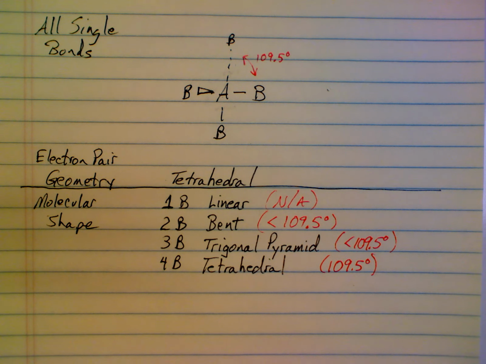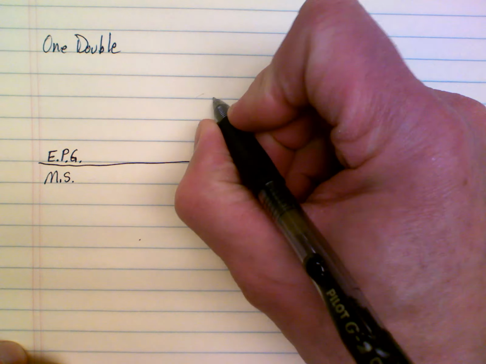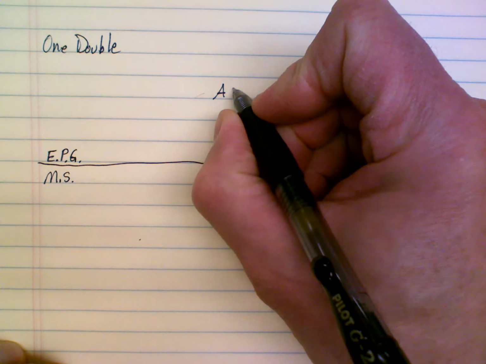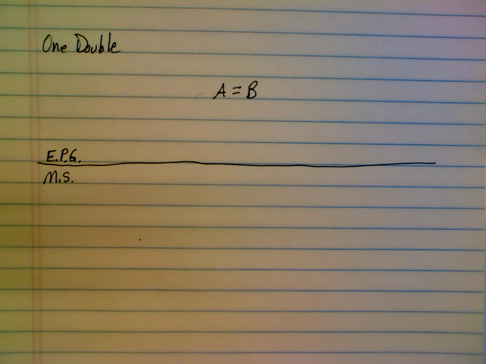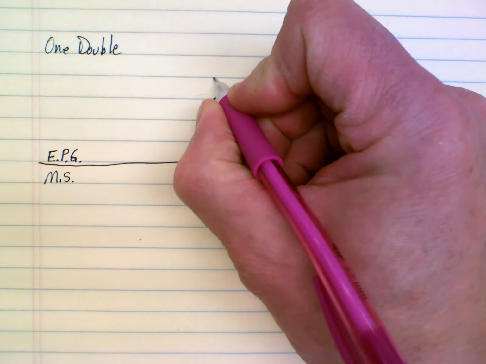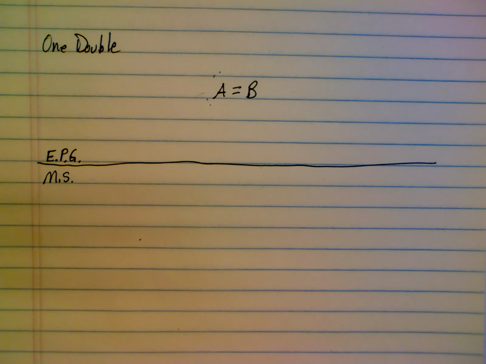So now let's consider when you have one double bond. If a molecule has just one double bond, and we look at atom A double bonded to B, it will then have two pairs of electrons that will be unshared, and we would draw them off like this. So we have two unshared pairs attached to this.